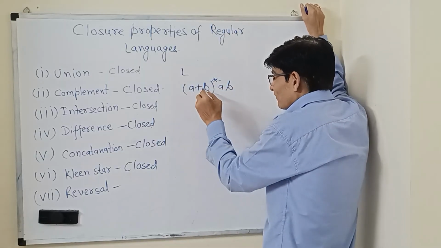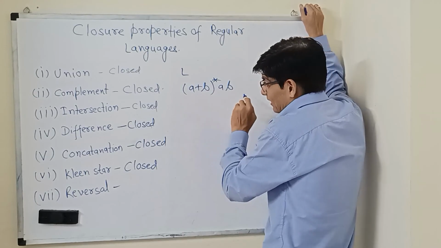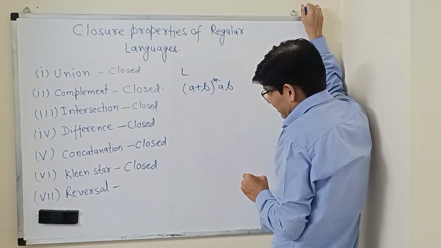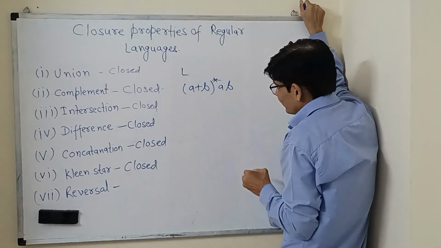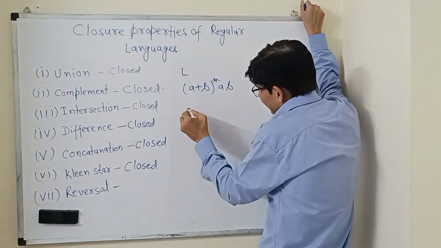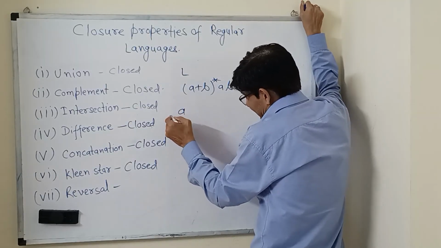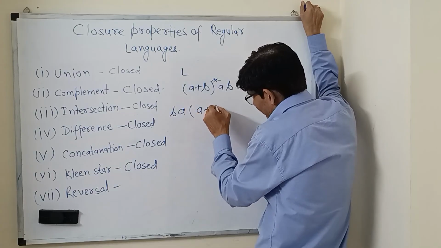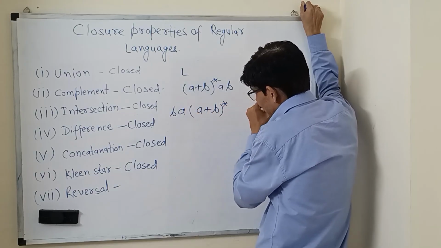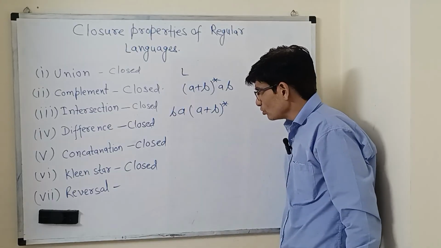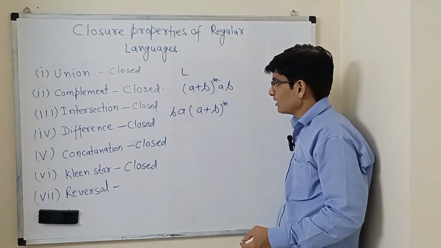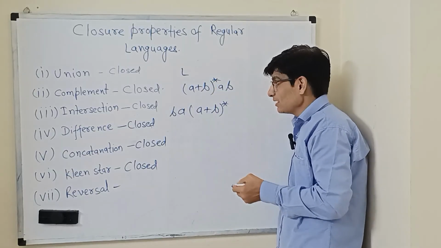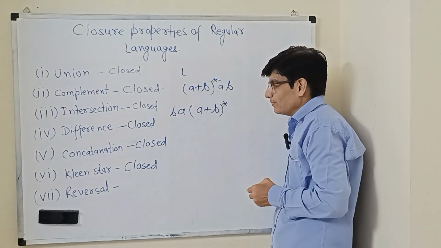Now if I want to reverse all the strings of this language, how would I do it? I will write the regular expression as BA followed by any combination of A and B. You can see here we had any combination of A and B ending with AB.